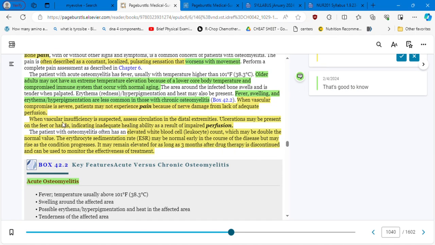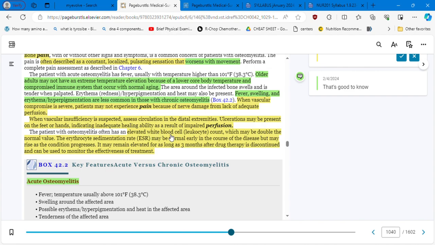When vascular insufficiency is suspected, assess circulation in the distal extremities. Ulceration may be present on the feet or hands, indicating inadequate healing ability as a result of impaired perfusion.